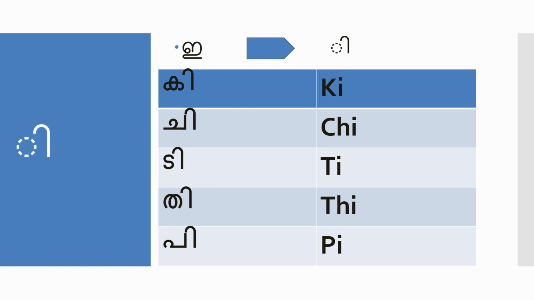Key. Second one is chi. Third is ti. Fourth is ti. And fifth is pi.